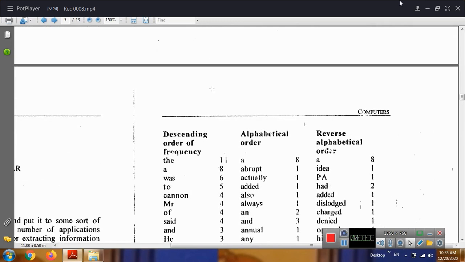Here we can see the word list in descending order of frequency, with the word with the highest frequency placed at the first column of the table, and the word with the least frequency placed at the end of the table.